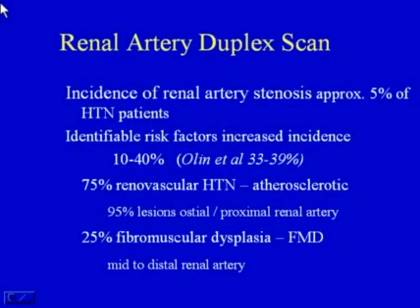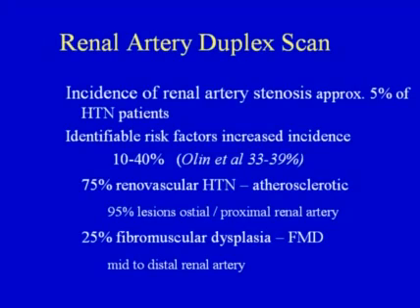The incidence of renal artery stenosis is reported to occur in approximately 5% of those patients with hypertension. However, over the last number of years, there has been an increased number of reports that have identified those patients that have high risk factors for increased incidence of renal artery stenosis.